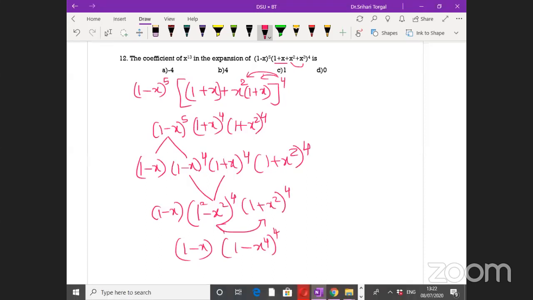Is that okay? Yes. (1 - x) into (1 - x^4)^4. Right?